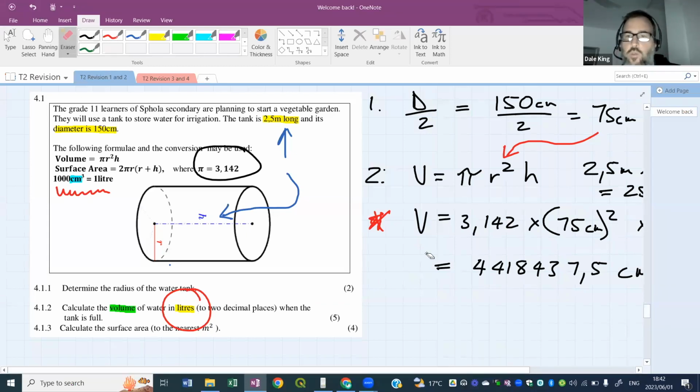Now, the volume formula that we just used never gives you liters. It only gives you millimeters cubed, centimeters cubed, meters cubed, kilometers cubed, etc. It never gives you capacity, which is liters and milliliters. So you're going to have to convert the volume in centimeters cubed into capacity, liters.